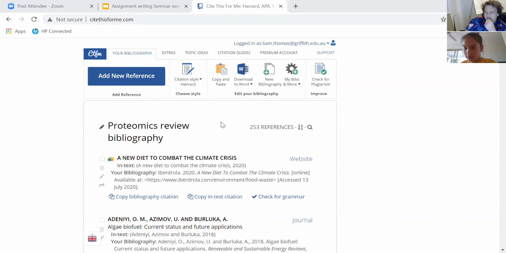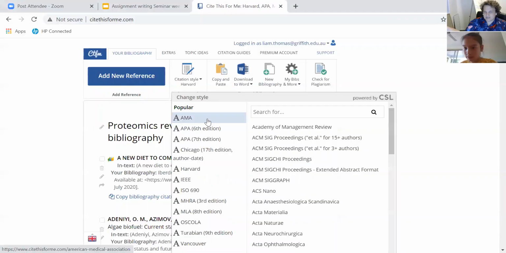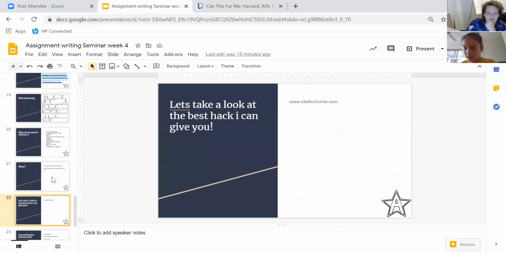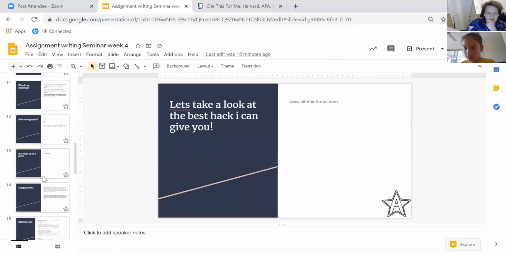So the way that we use this is we choose our citation style. You've got APA and then you've got Harvard as well, the two big ones in Australia anyway, you won't really come across the others. So we choose Harvard. And let's say, what was one of our references up here?